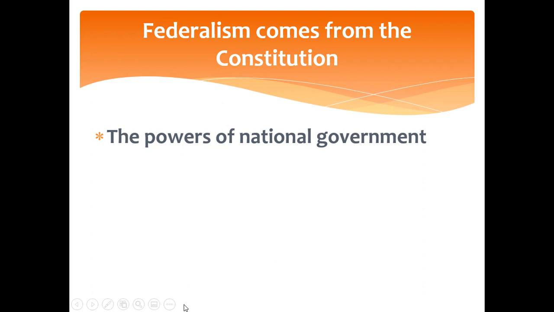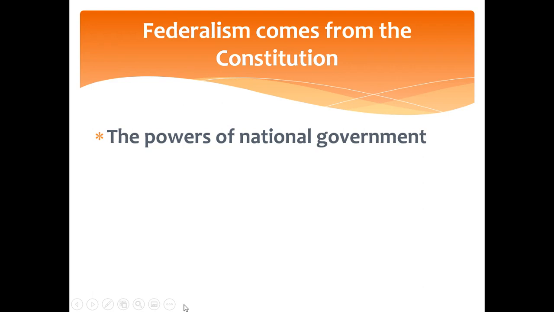These are powers which are not specifically expressed, but are implied through the expansive interpretation of something called delegated powers. So the Elastic Clause allows Congress to expand its powers to go beyond that which is specifically stated in the U.S. Constitution.